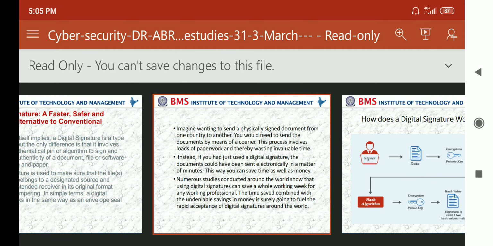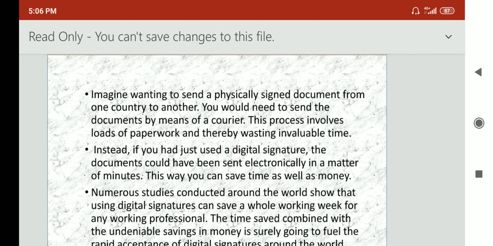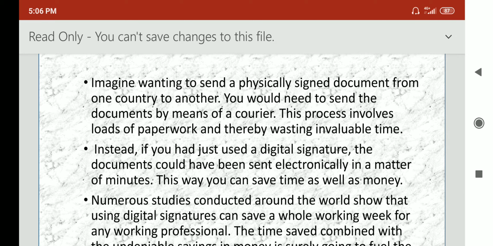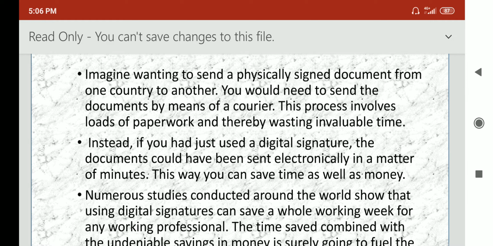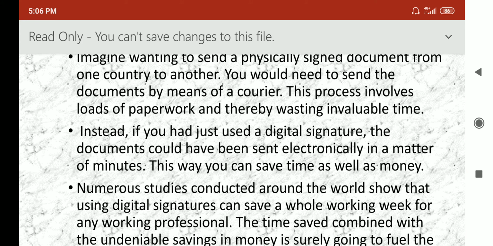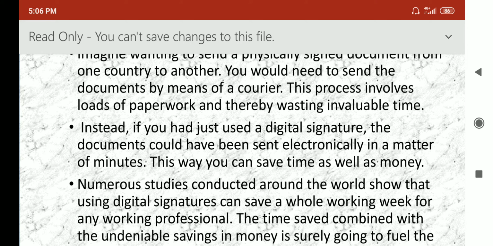Friends, imagine a person wanting to physically send a signed document from one country to another. You would need to sign the document and send it by means of a courier. This process involves lots of paperwork, thereby wasting invaluable time.